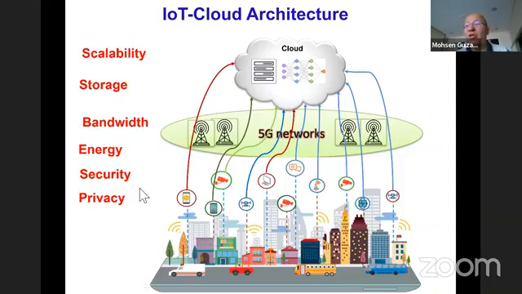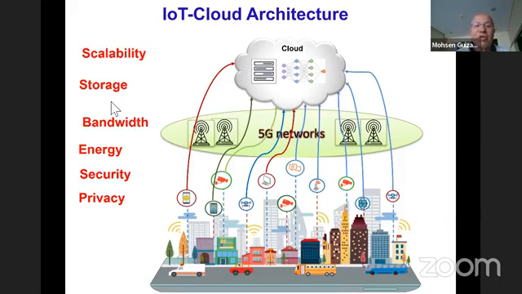Scalability is a problem because, as you know, the number of IoT devices is increasing by the day. We expect that by 2025, scalability will be a problem because the IoT devices can increase by the thousands, if not tens of thousands, every day.